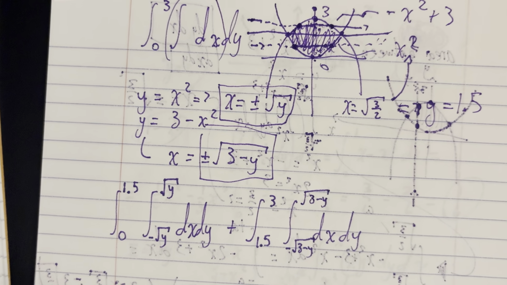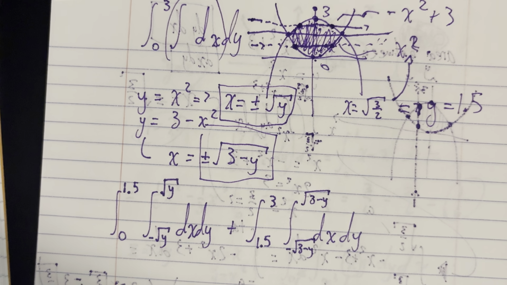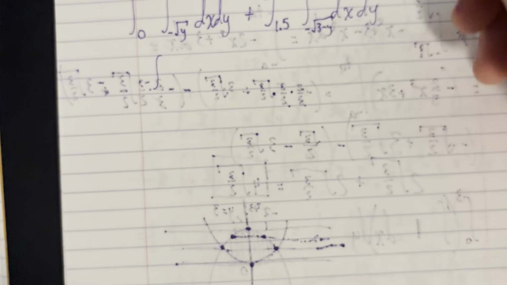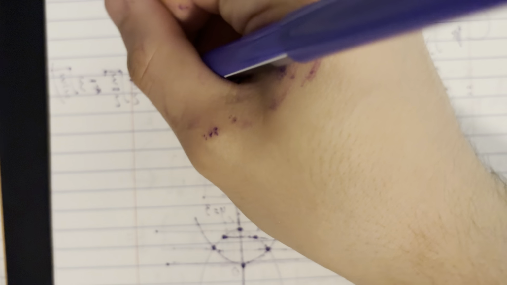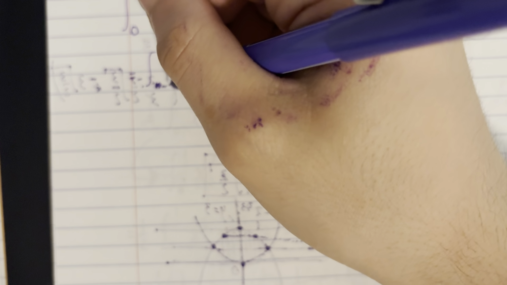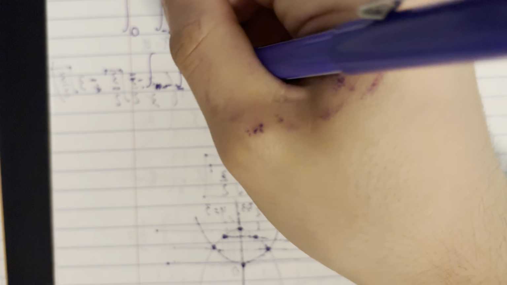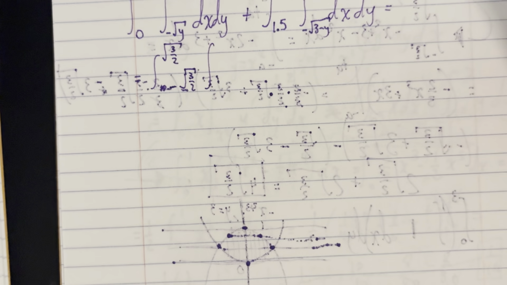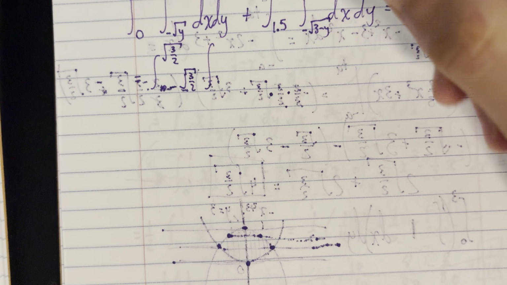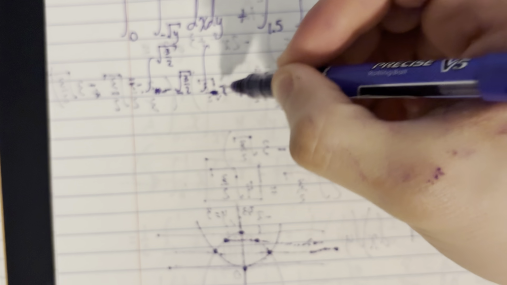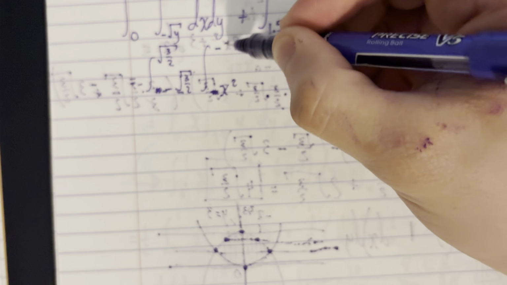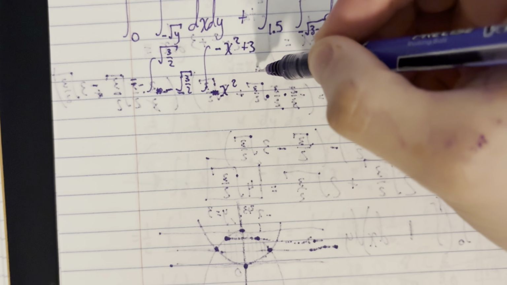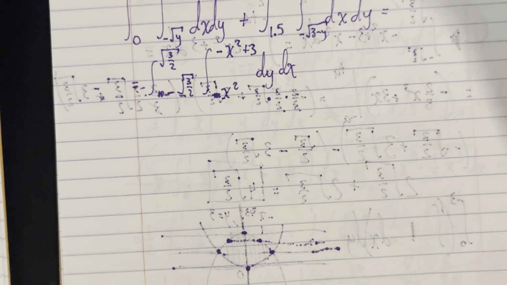Evaluating both of these integrals is going to give us what we got in the dy dx order, which was the integral from negative root 3 over 2 to positive root 3 over 2, spanning from x squared to negative x squared plus 3, dy dx.